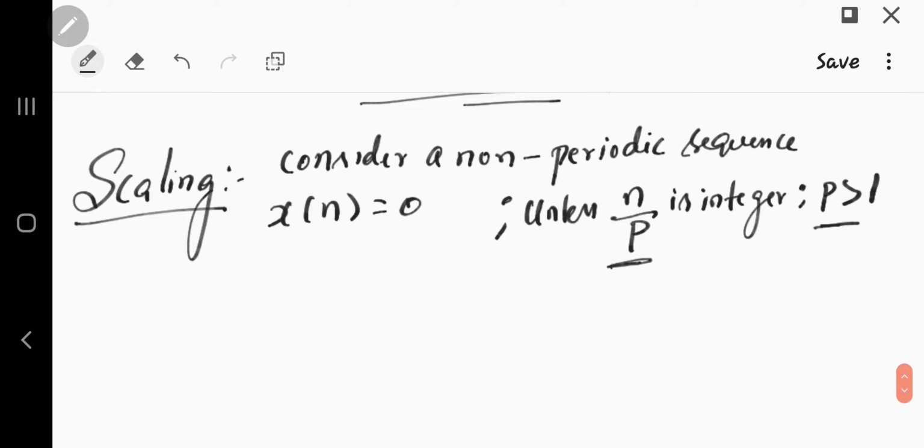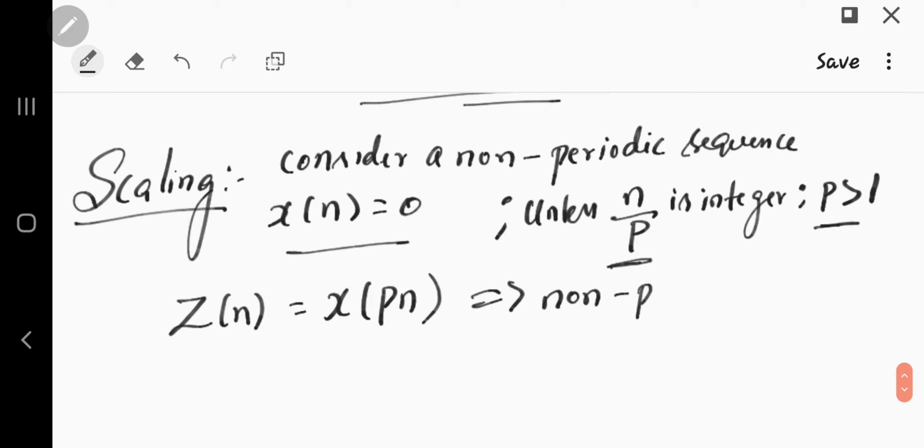So what happens then? If this condition is satisfied, then we have z of n is equal to x of p n, which is also a non-periodic signal. That means we are considering a non-periodic sequence with this condition. That means x of n will be 0 if the ratio n by p, where p is the scale factor, ends up as an integer, because the discrete time signal is present only at discrete instants of time, and these discrete values should be integers.